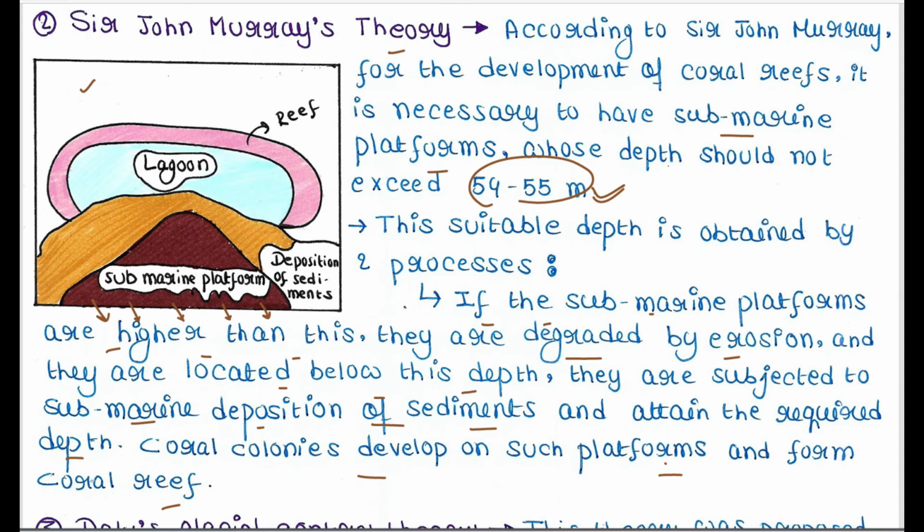Now in this picture, you can see the deposition of sediments on and around the platform. Here is the deposition of sediment. The reef forms in this way, and here is the water channel called a lagoon present between the reef and the island, or you can say the submarine platform here.